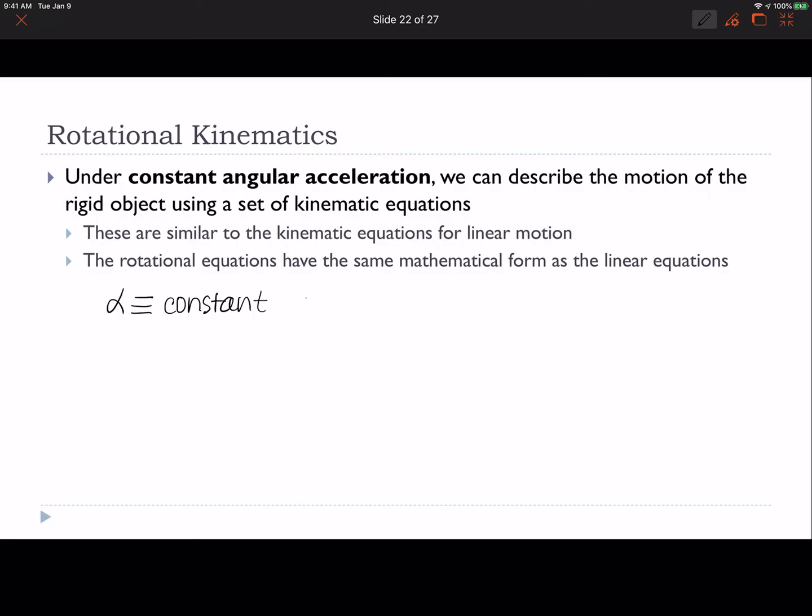And so if you recall, when we had linear motion, we had the kinematic equations for linear motion, and that was when we had constant acceleration. And under those conditions, we had a set of 4 equations that we could use to make predictions about the motion.